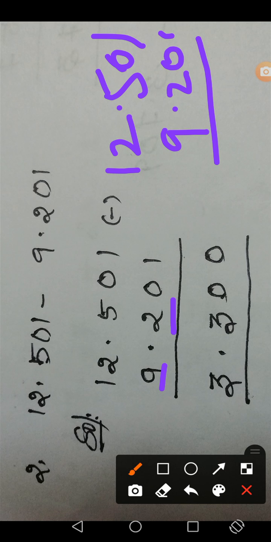Now subtract: 1 minus 1, 0. 0 minus 0, 0. 5 minus 2, 3. 12 minus 9, 3. So the solution is 3.300. After the point we read single digits: 3, 0, 0, not 300. Why? Because after the point we read single digits only.